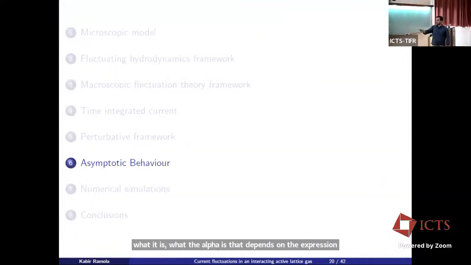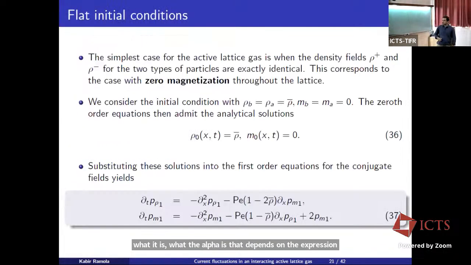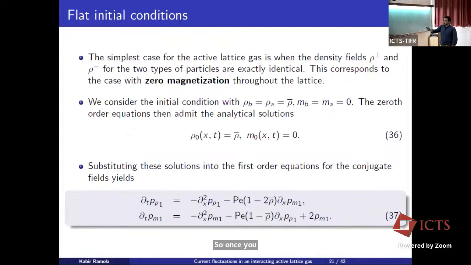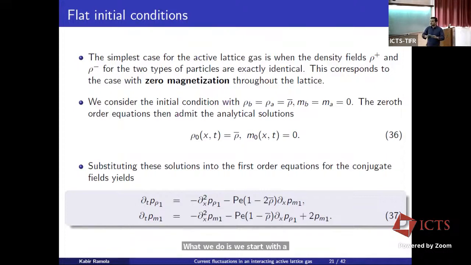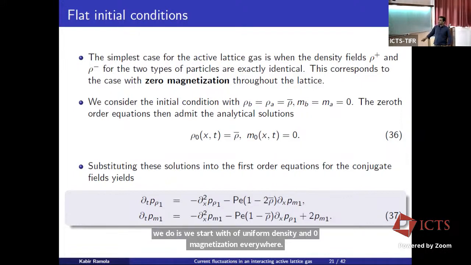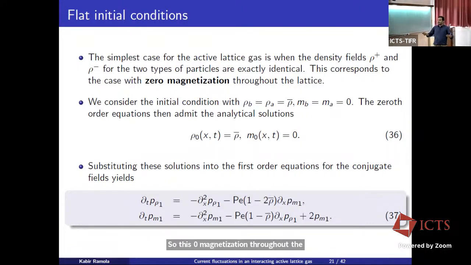Yeah, so here's how we extract the scaling behavior. Once you have these equations, we're just going to solve it for the flat initial conditions. What we do is we start with uniform density and zero magnetization everywhere, so zero magnetization throughout the lattice. What that does for us is allows us to solve the zeroth order equations really easily.